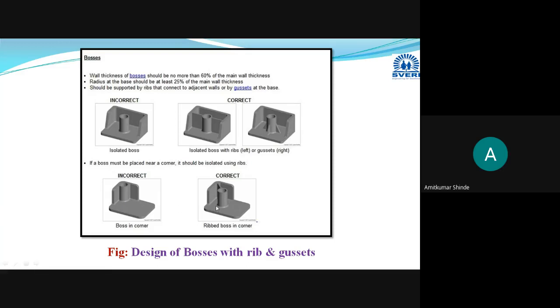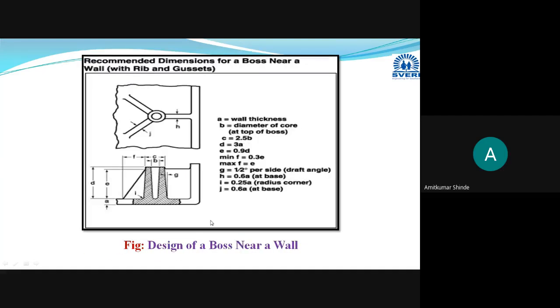Whenever you are providing a boss near the wall, you provide ribs or gussets, only 1 or 2 ribs or gussets, like this, 2 or 3.